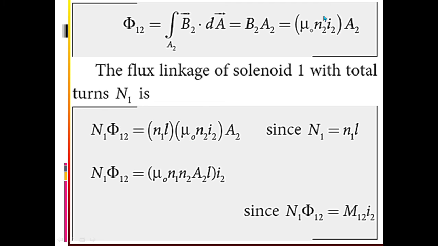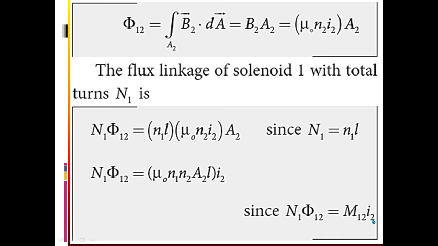Substituting these values and multiplying the two equations, we obtain N1 phi 12 equal to mu naught n1 n2 A2 L into I2.